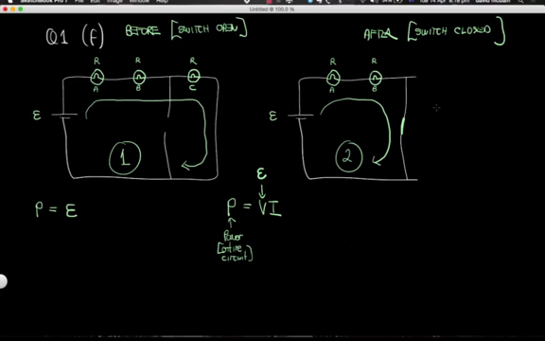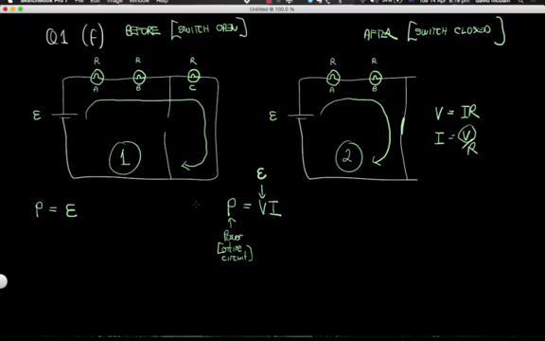Using Ohm's law, V equals IR, and rearranging that, I equals V over R. Looking at the global version, the current coming out of the battery will be the voltage of the battery, E, divided by the total resistance.